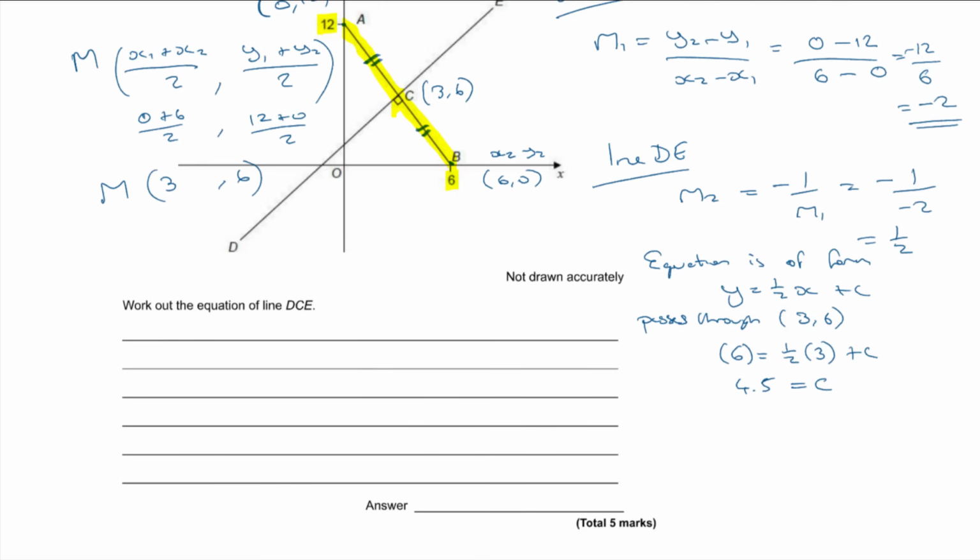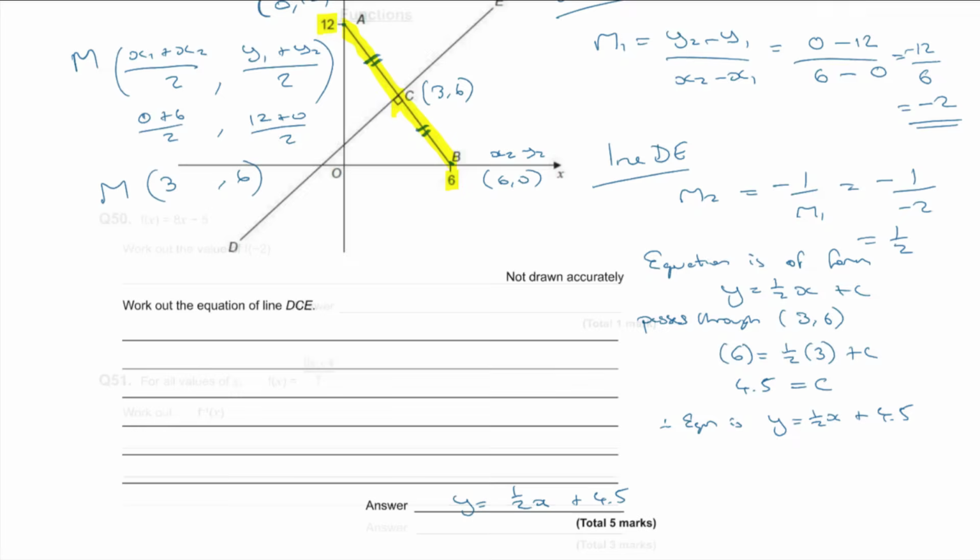So c is 4.5. So then I make the equation y is equal to a half x plus 4.5. Is that what we needed to work out? Yeah, just work out the equation of the line. So that's it. y is equal to a half x plus 4.5.